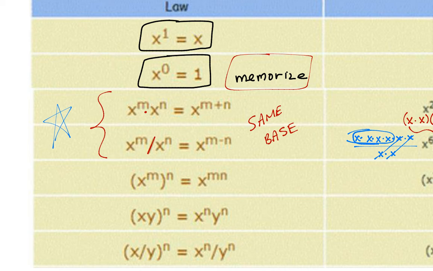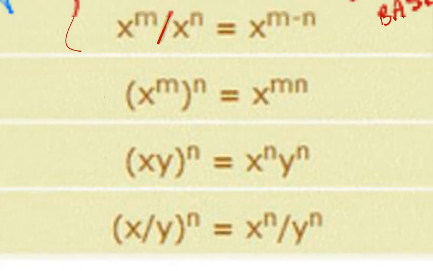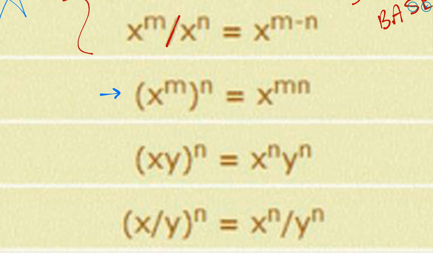The next one, this one here, is called power of a power. You already have a power, namely x to the m, and then you're going to raise it to the nth power. So here you can see that you have to multiply. It's m times n.